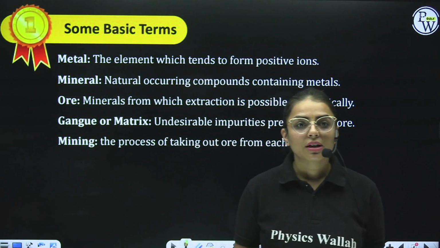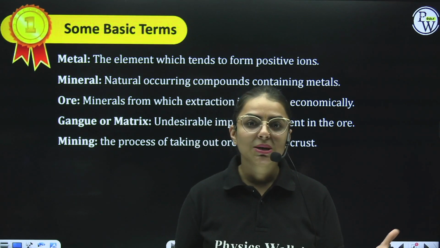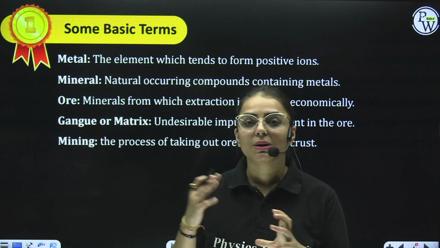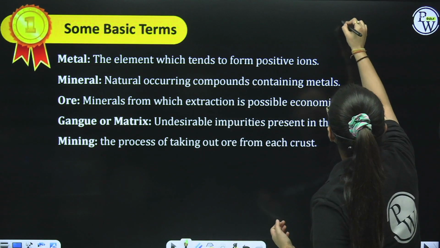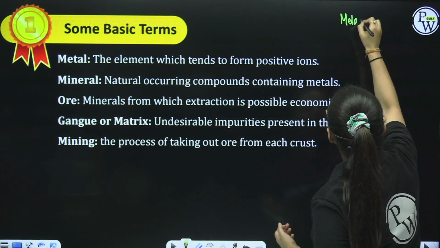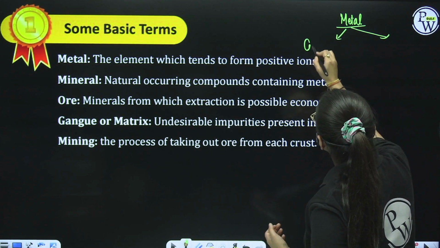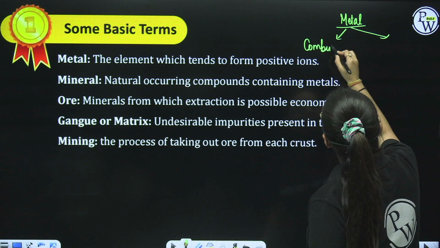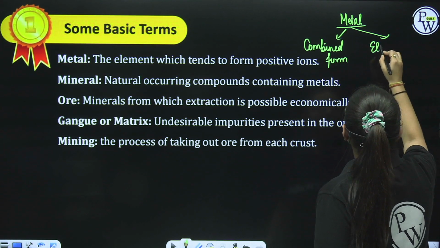First of all, you should know how a metal occurs. Metal can occur, students, in two forms. One is the combined form, another one is the elemental form. You can write it down: metal can exist in two forms, the combined form and the elemental form.